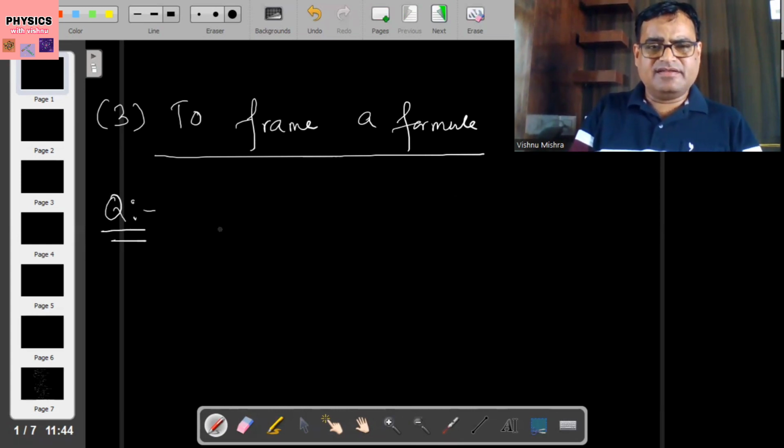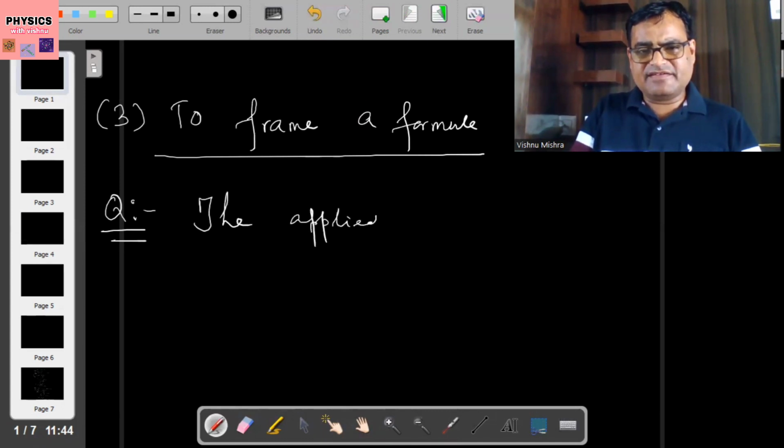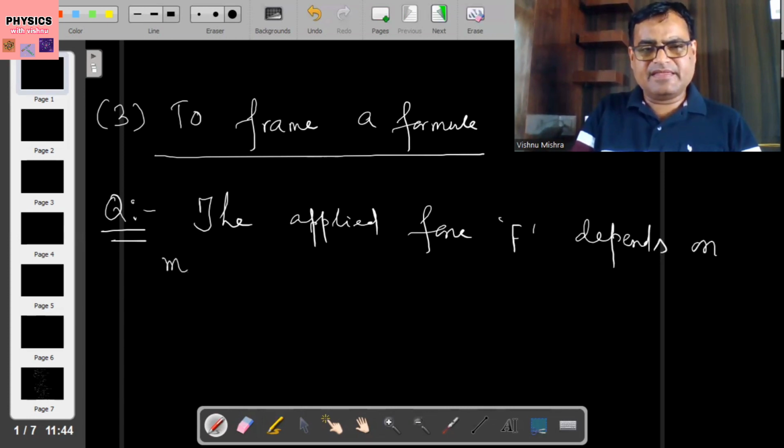Write down the question: The applied force F depends on mass m and acceleration a.